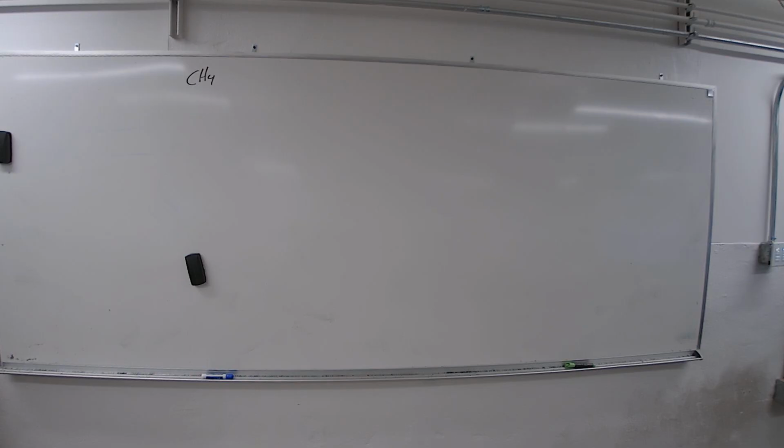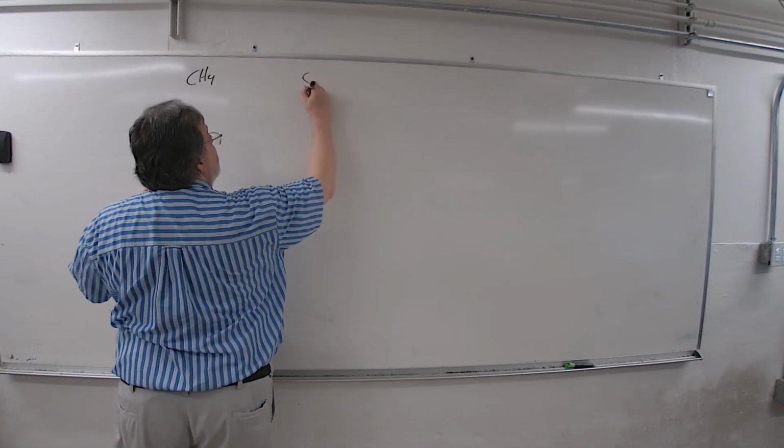So look at carbon. Put your finger on it and say 1, and then start counting to the left: 1, 2, 3, 4. And then H is 1. There's 4 for carbon and 1 for each hydrogen, so 8 total.